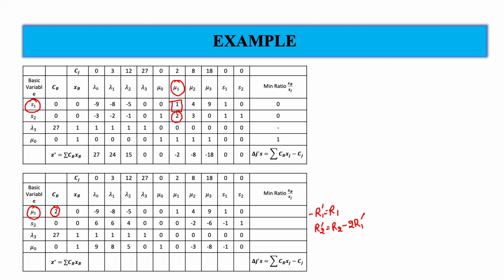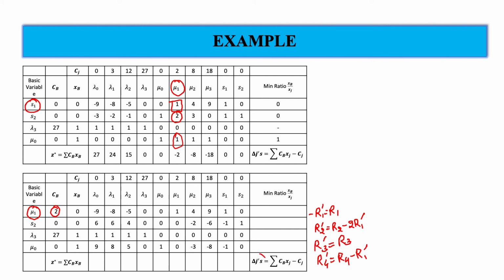Then this is 0, it will remain the same because our motive is to make the pivot row an identity row. Here it is 1, so r4 is equal to old r4 minus r3. Apply these operations on each row and you will get these elements.